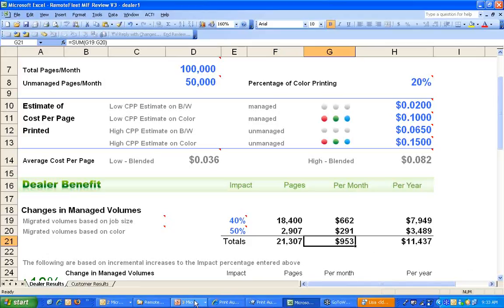So that ROI, of course, is based on a full retail price. If you want to charge your customer that, you can be sure they will get their money's worth. If you want to charge them less than that, that's your prerogative. It just means they'll get more money's worth.